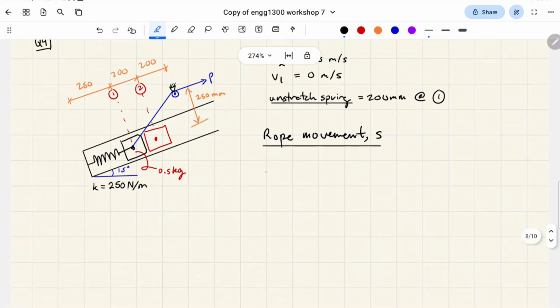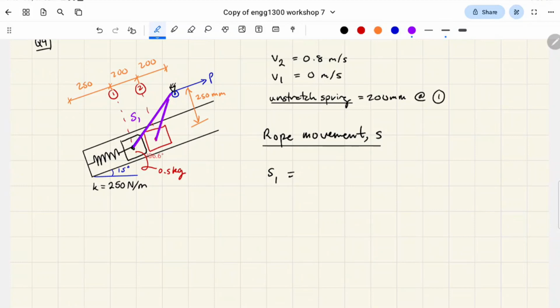So S1 is the length of the rope from the slider to the pulley, okay?